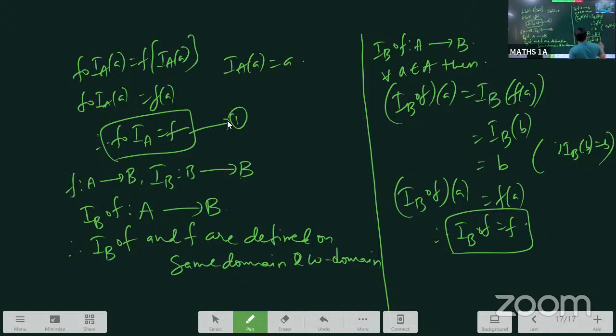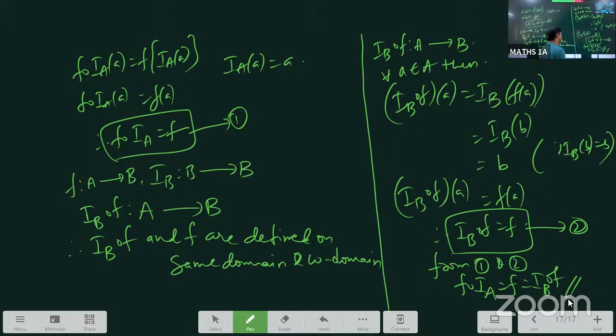From 1 and 2, f circle Ia is equal to f, that is equal to Ib circle f. Still any doubts? You can ask me, because f of a is nothing but b, and Ib of b is b itself.